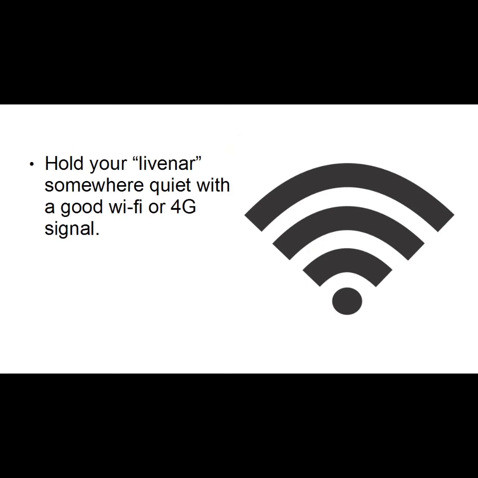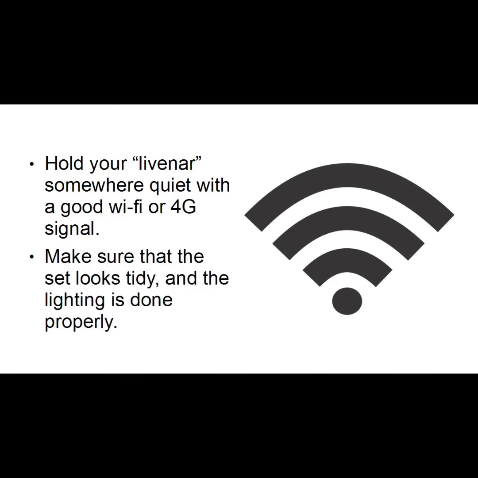Whatever you decide to do, you want to hold your live webinar somewhere quiet with a good Wi-Fi or 4G signal. So you want to check out the venue ahead of time. If it's not going to be in your home or your office, and you're going to meet someone somewhere else, or go to their office or their home, make sure that there is a good Wi-Fi signal.